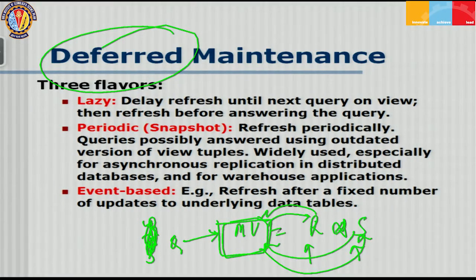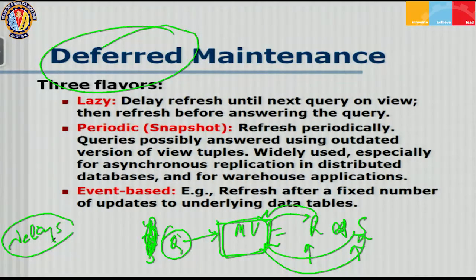So what happens is, this query has to wait till this materialized view goes and checks the underlying tables, right? So this delays the query. And if there are changes, those changes have to be propagated to the materialized view, right? So this is called the lazy approach.